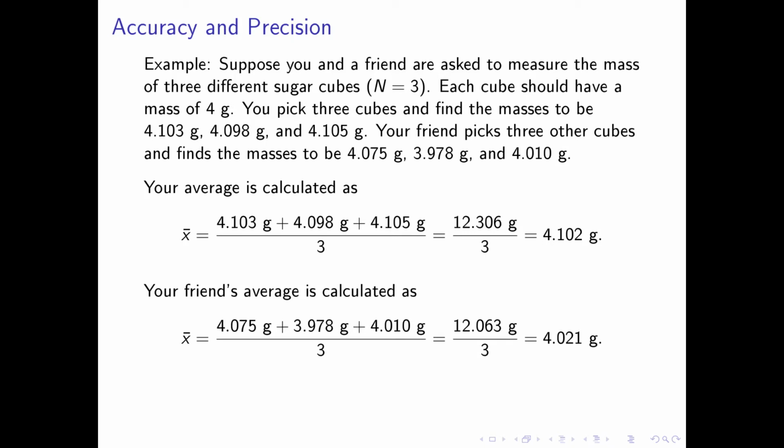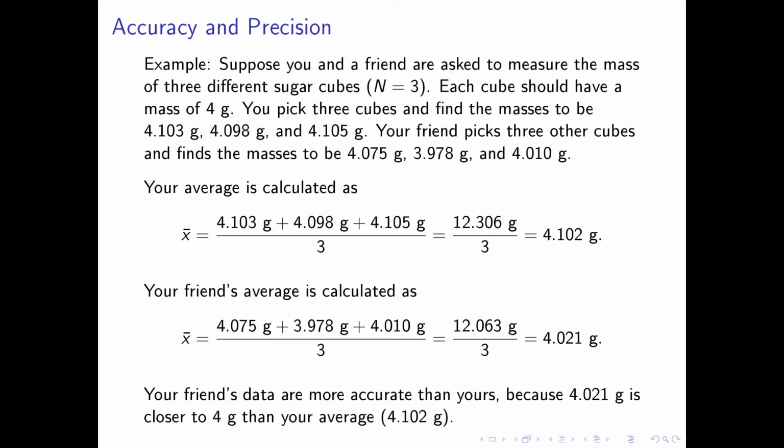In this case, x bar is equal to 4.05 grams plus 3.978 grams plus 4.010 grams, all divided by 3, which is equal to 12.063 grams divided by 3, or 4.021 grams. Note that your friend's data are more accurate than yours, because 4.021 grams is closer to 4 grams than your average value of 4.102 grams.